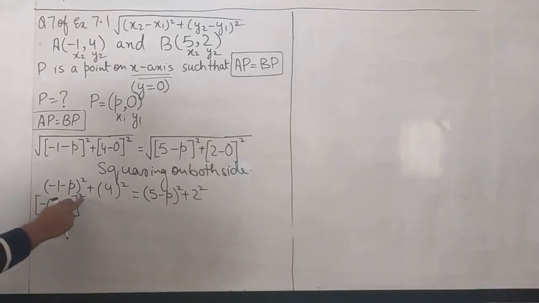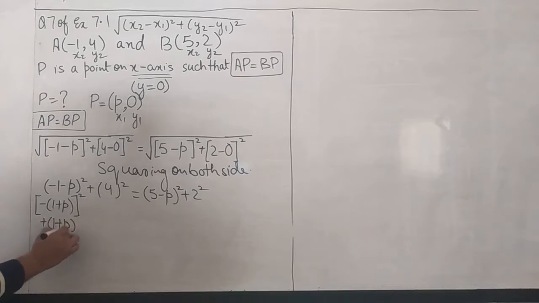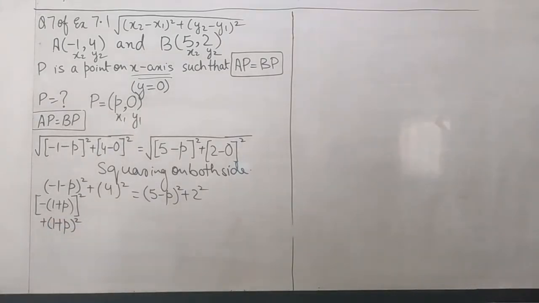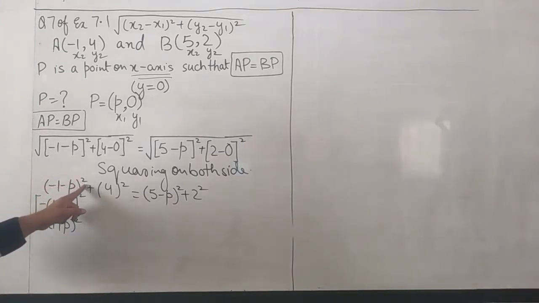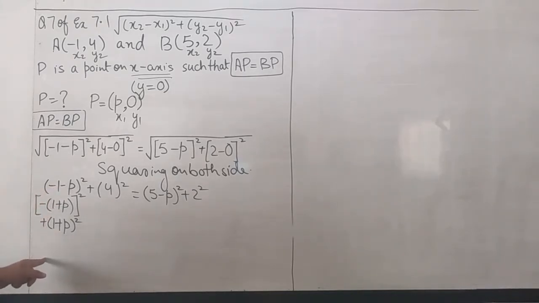After that, square will be applied over here and over here. Minus square, minus square will become plus, and 1 plus p whole square. So the simple thing which I am telling you is that if you have to square a bracket and inside the bracket both have got minus sign, you can directly expand it by using the positive formula. It will have no effect, and I have explained you why it is going to be like that.